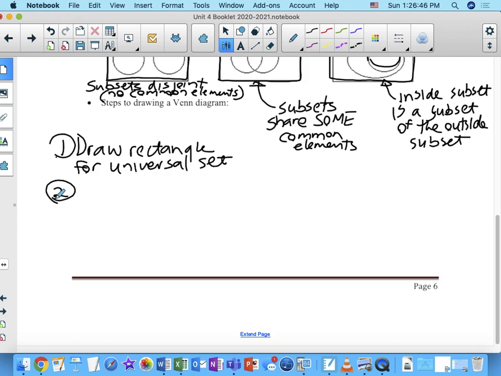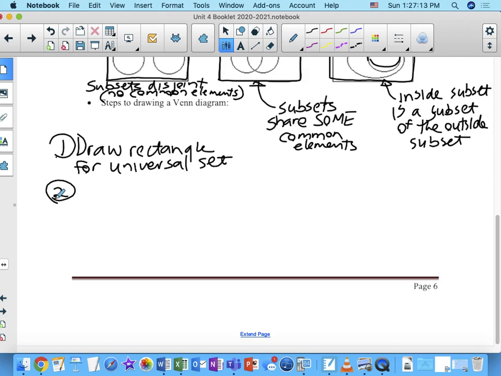And we have to decide which of the three scenarios we're in. So we actually have to compare subsets and say, are we in a situation where they have no elements in common, in which case we draw the one on the far left? Are we in a situation where they have some common elements but not all, which is where we draw the one in the middle? Or is one subset entirely contained within the other?